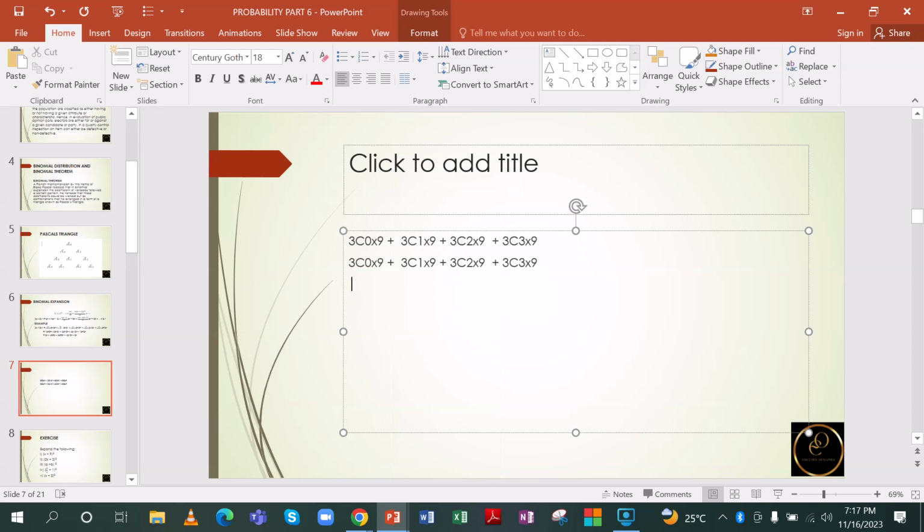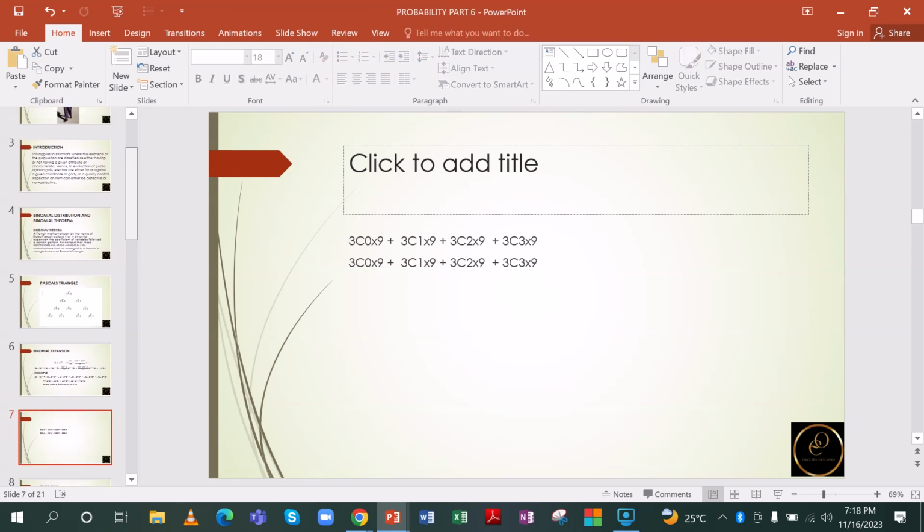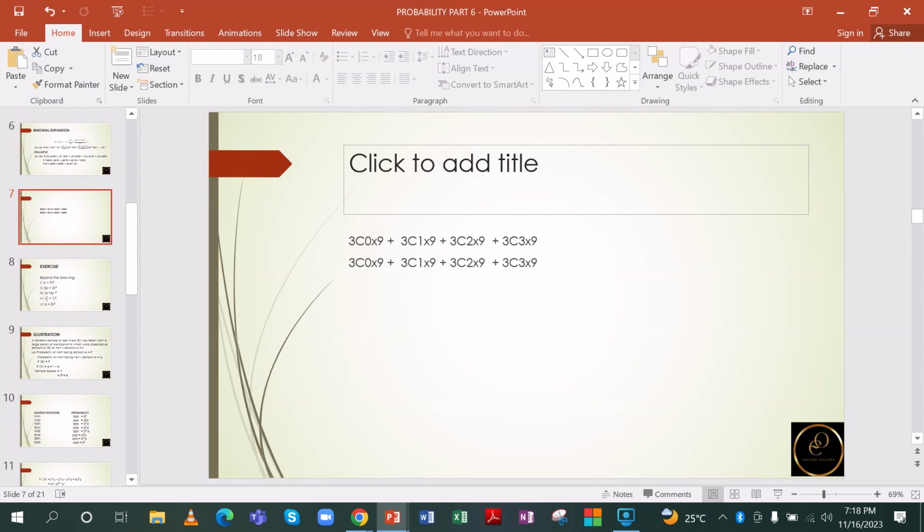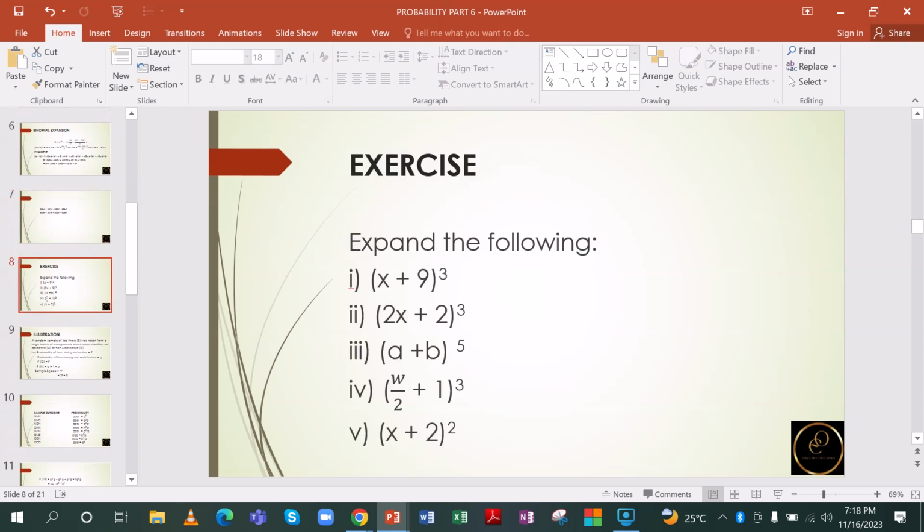So now this x should start with the highest order. The order of this particular expression is 3. So it's raised to power 3. Let me just look at that.